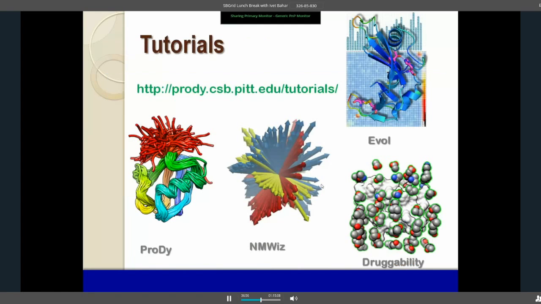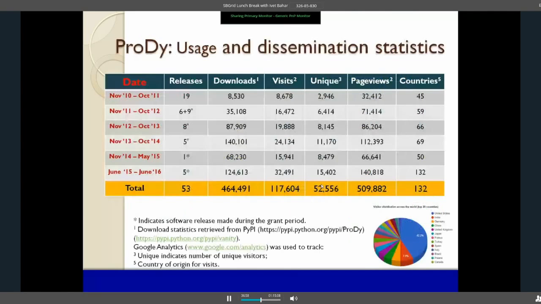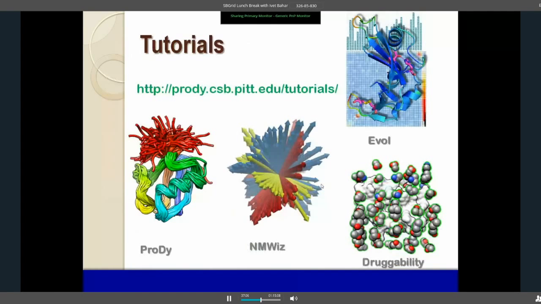And we are really very pleased with the overall access to our interface. And it's a very well documented interface. You can see lots of information on the tutorials. Again, ProDy was the core.